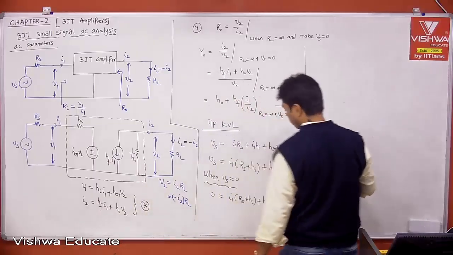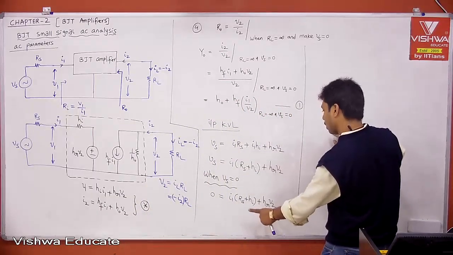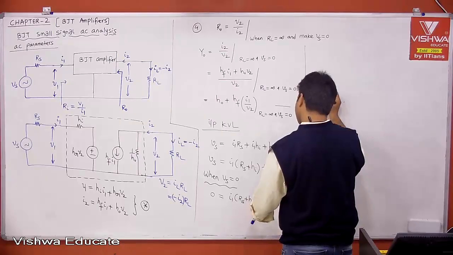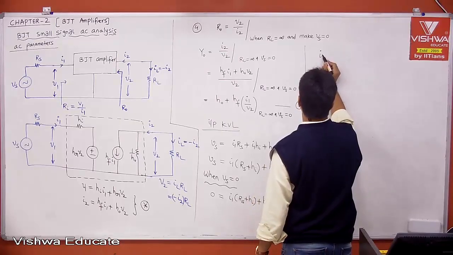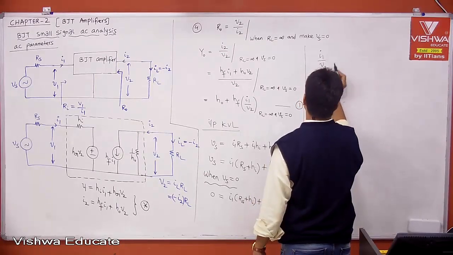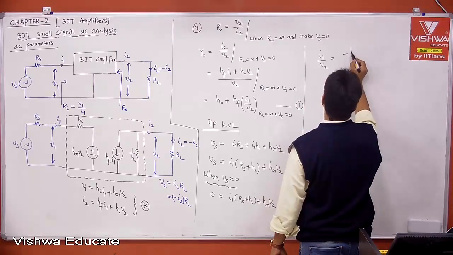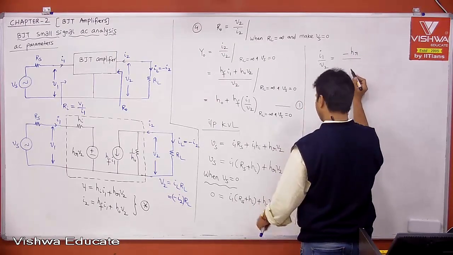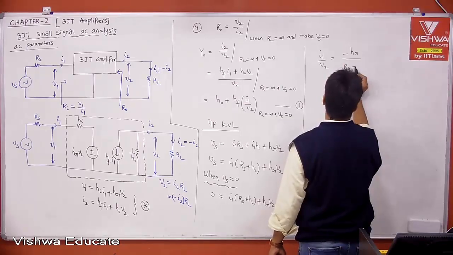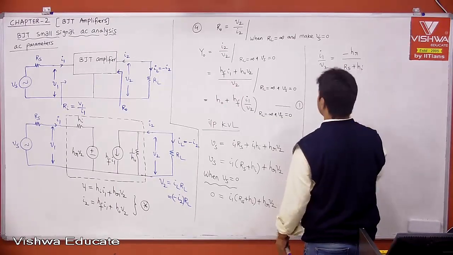From this equation, what is I1 by V2? I1 by V2 is equal to minus Hr divided by Rs plus Hi. This is what you get.